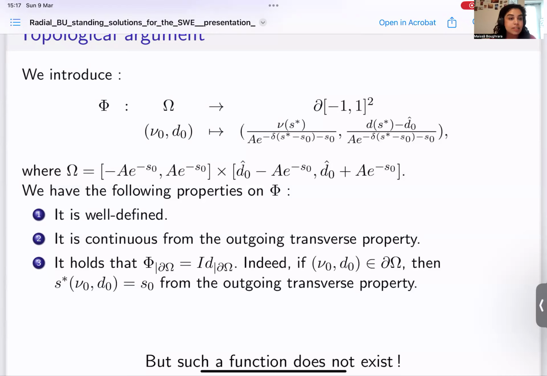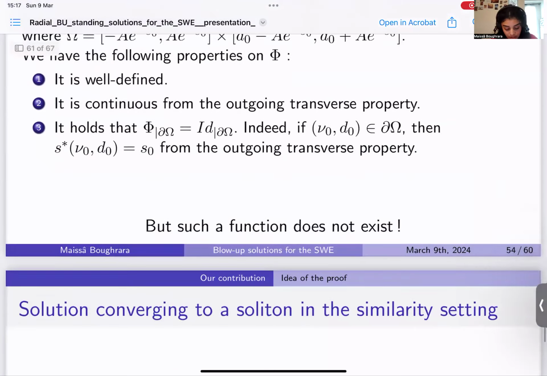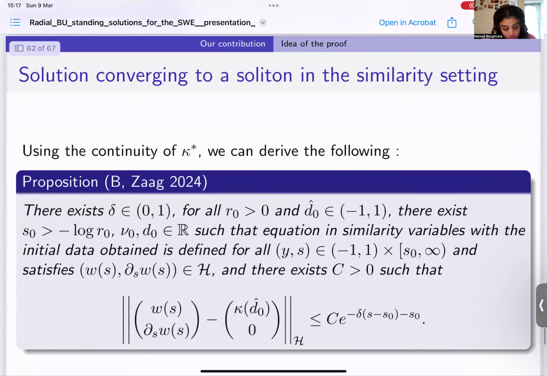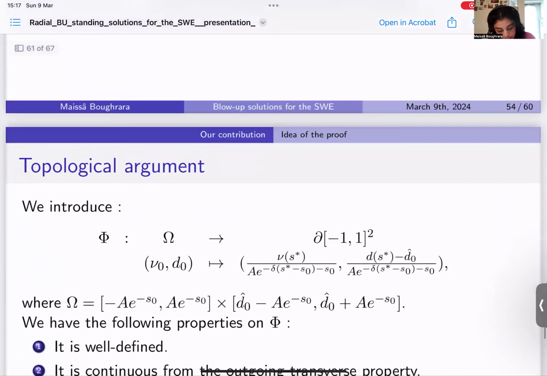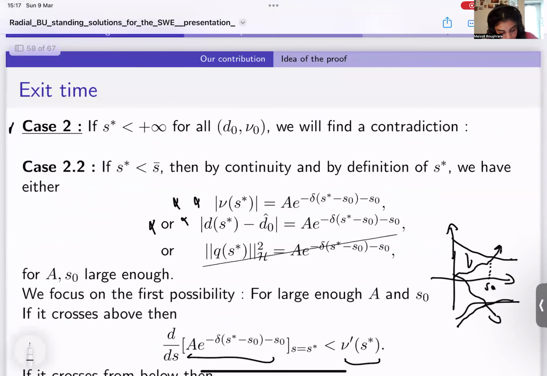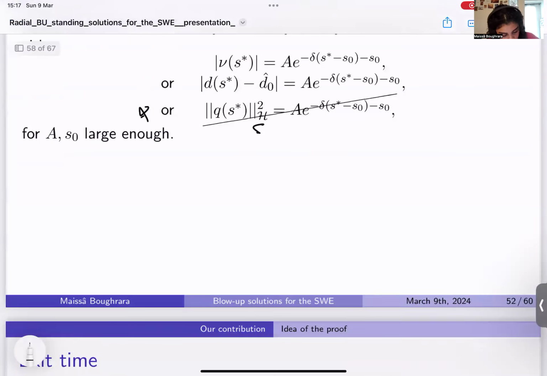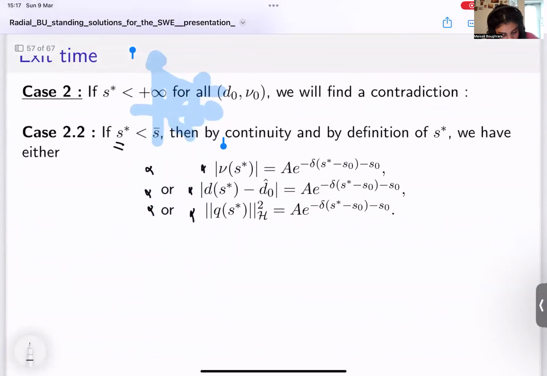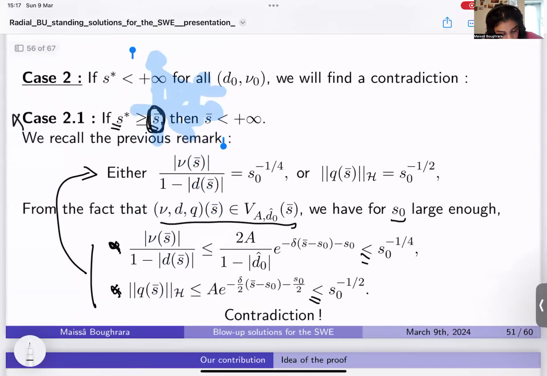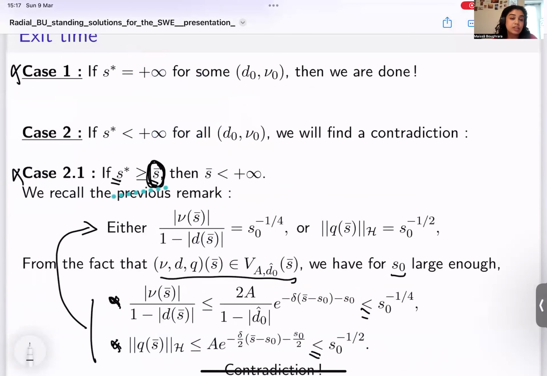It's not possible to have this kind of function. So we have our contradiction. So we end up with the first case, which was this one. No, sorry, not this. Let me find it. Give me some time. This one. So S star has to be infinity.